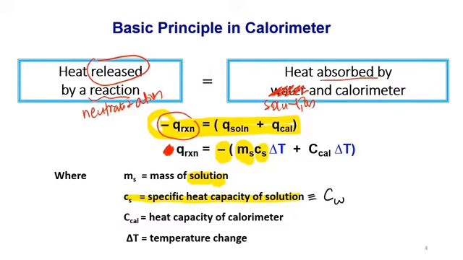Kita assume the density of solution is equal to density of the water. So, kita akan gunakan specific heat capacity of water to calculate the C of solution. Okay, joule per gram per degree Celsius. Alright. Dan seterusnya delta T change in temperature ni for the solution and for the calorimeter are same because in the same system. Okay, dalam bekas yang sama, dalam sistem yang sama.